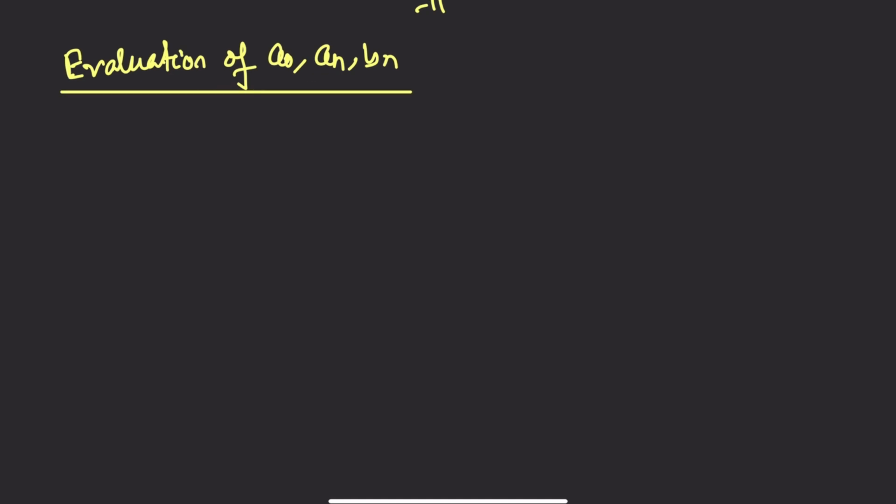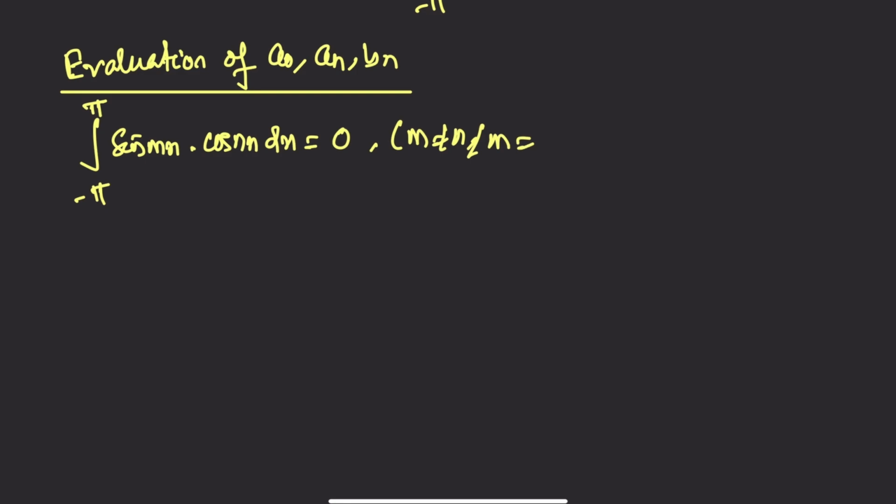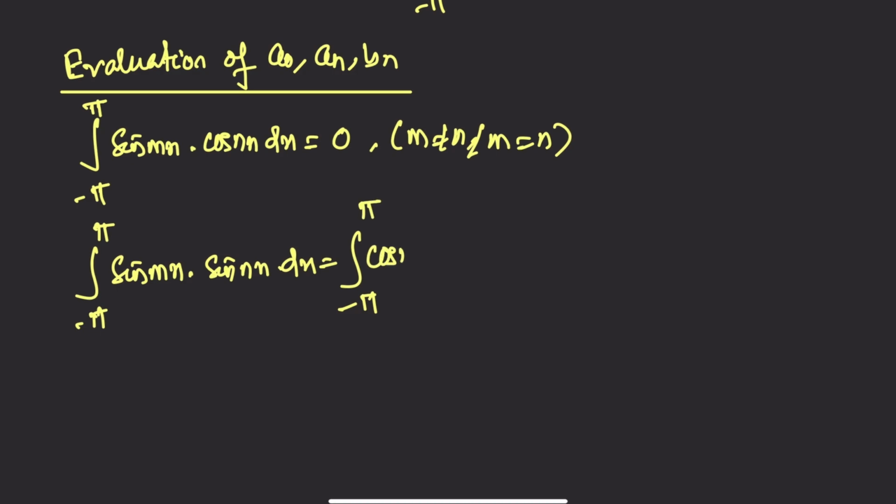To evaluate a0, an and bn, we need to use the orthogonal properties of sine and cosine functions, that is, integration from minus pi to pi of sin mx cos nx dx equals 0 for both the conditions m not equal to n and m equal to n, and integral from minus pi to pi of sin mx sin nx dx equals integral from minus pi to pi of cos mx cos nx dx equals pi times Kronecker delta mn.